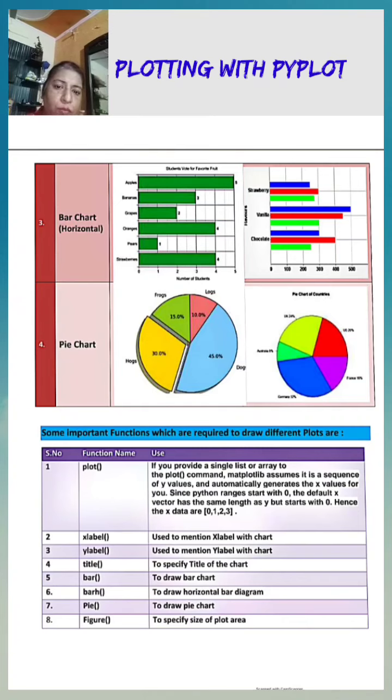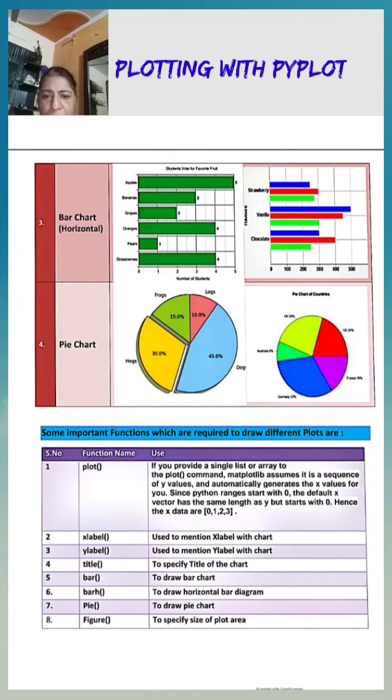We need to customize this chart. Clear? And we will study all these types of methods later. Clear? First, we will study the basic concept of how to create a chart in the pyplot module.